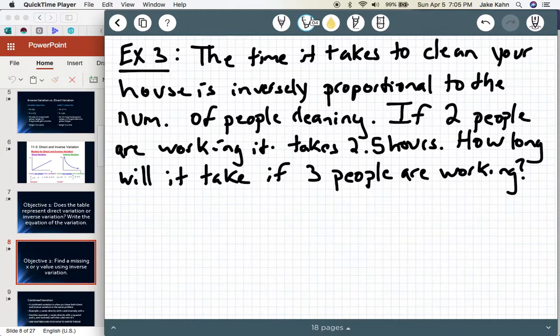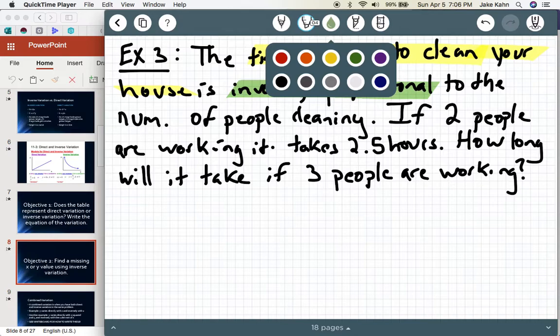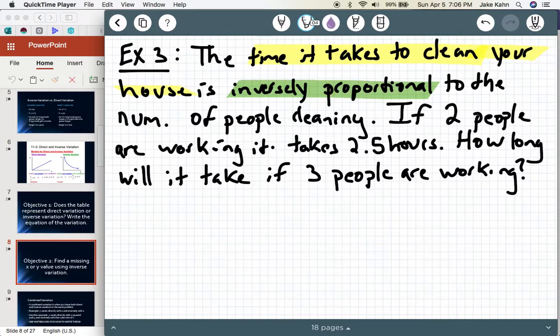How long will it take if 3 people are working? Okay, first of all, let's examine our variables, because now we don't just have x and y, right? The time it takes to clean your house is inversely proportional to the number of people cleaning.